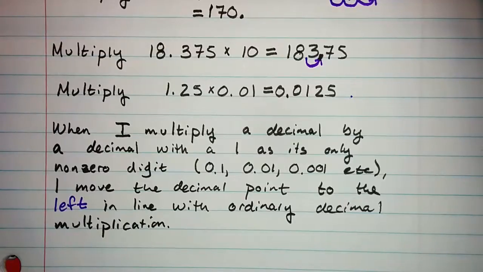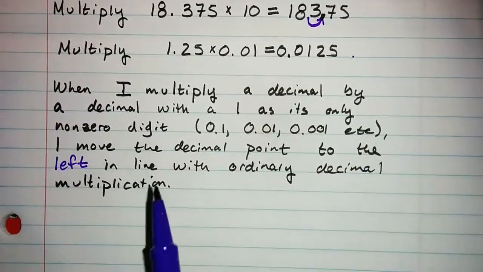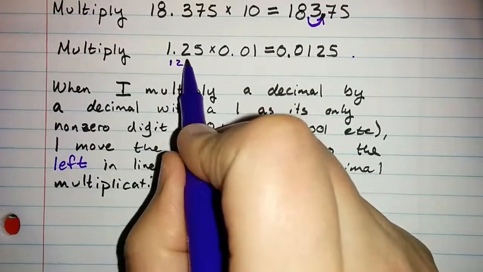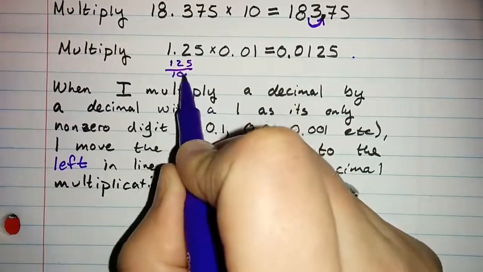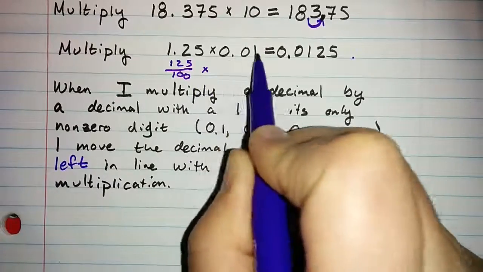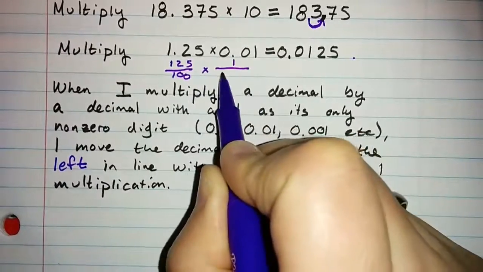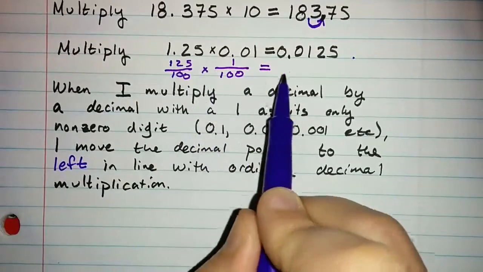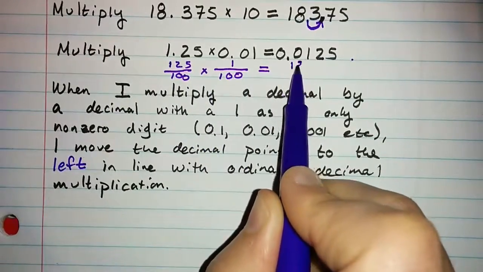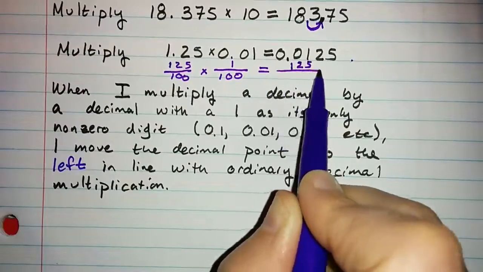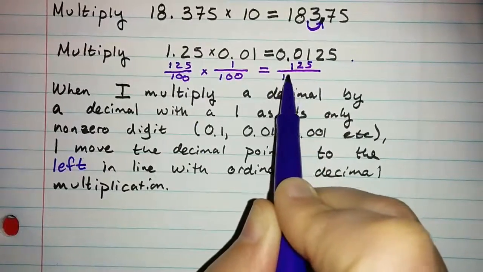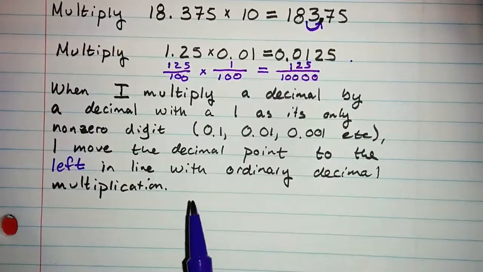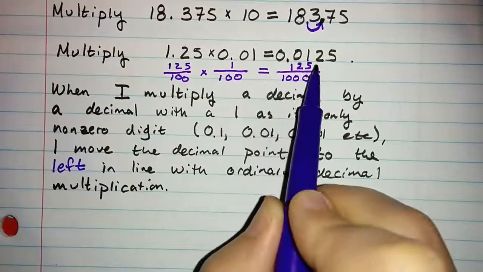Why am I doing this? Again, in fraction notation, 1.25 is 125 100ths. 0.01 is 1 100th. So the product, when I multiply the numerators, I just have 1 times 125. When I multiply the denominators, I have 2 more zeros in my denominator.